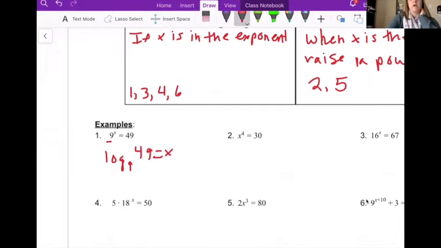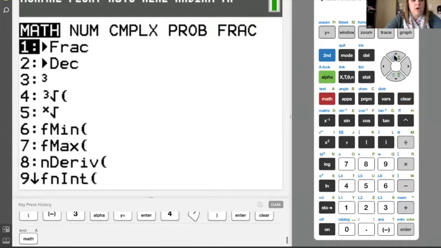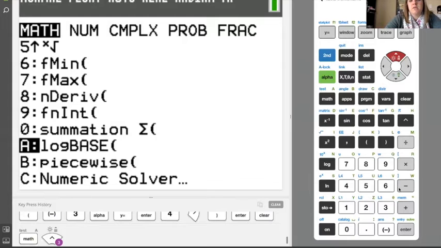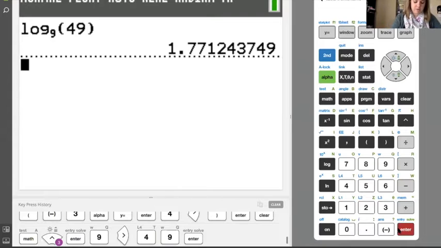And as a reminder of how we do this on our calculator, if you have log base 9 of 49, you can go to math and then scroll up to the log base and then do base 9 of 49. And so that would be our answer.